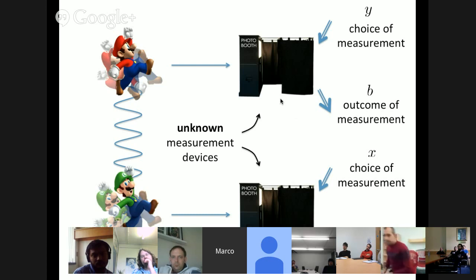What they can do, definitely, is choose the measurement and obtain an outcome for that measurement, but they don't really know how that measurement is implemented. If you want, they don't know what is the exact mathematical description in terms of POVMs.